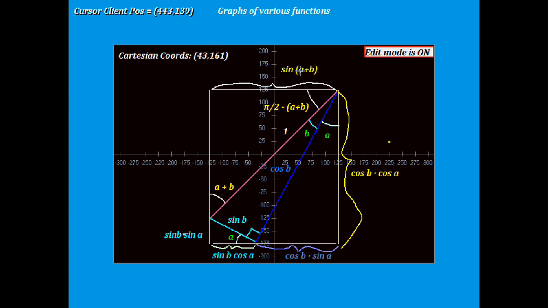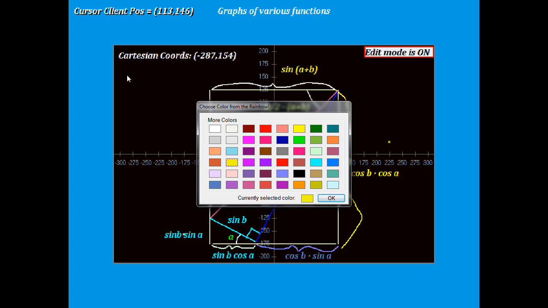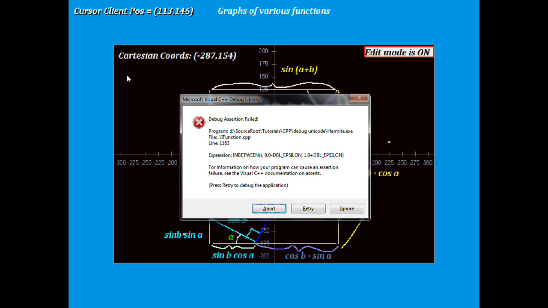so that means that sine of a plus b is the sum of these two terms. So you can write that result here. That's sine b cos a plus cos b sine a.